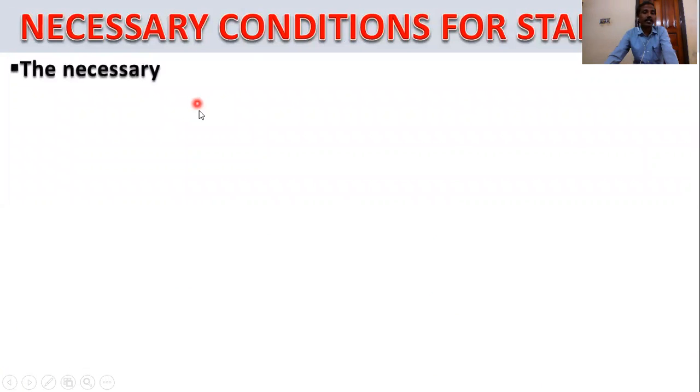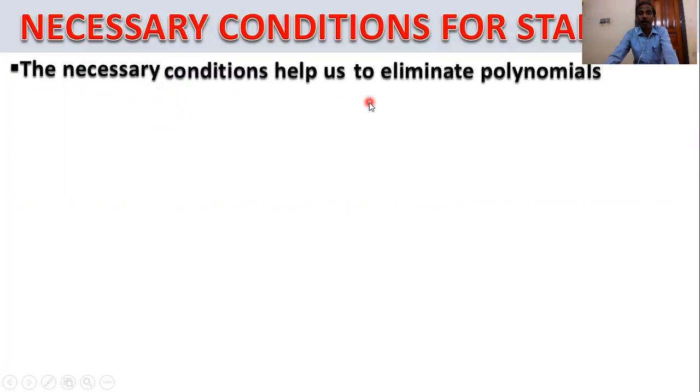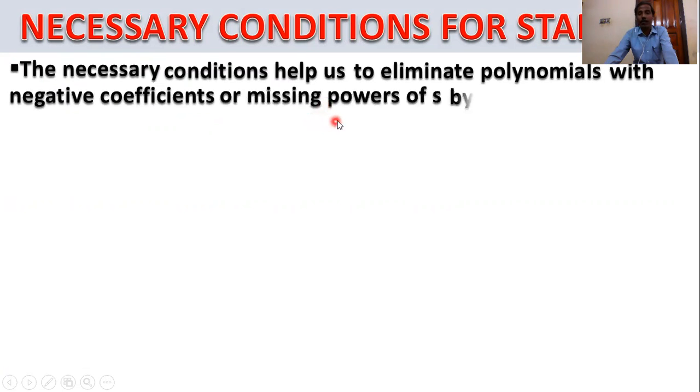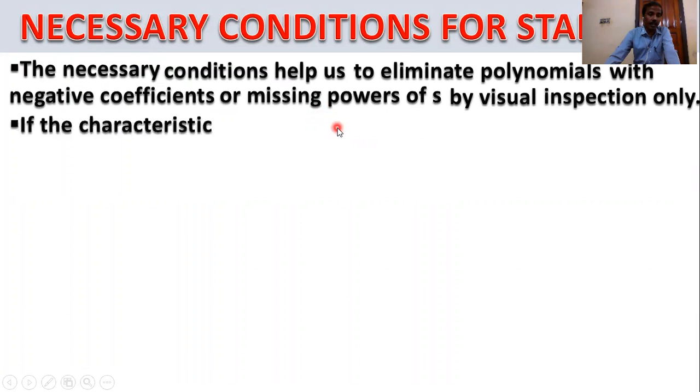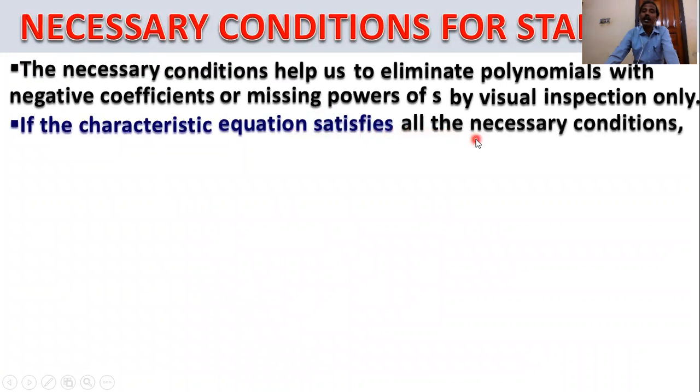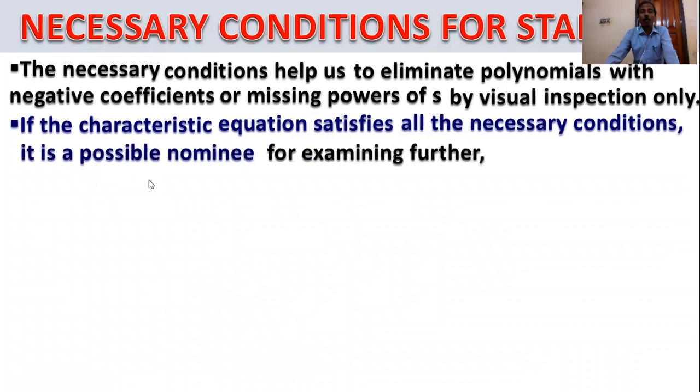The necessary conditions help us to eliminate polynomials with negative coefficients or missing powers of s by visual inspection only. If the characteristic equation satisfies all the necessary conditions, it is a possible nominee for examining further for stability.